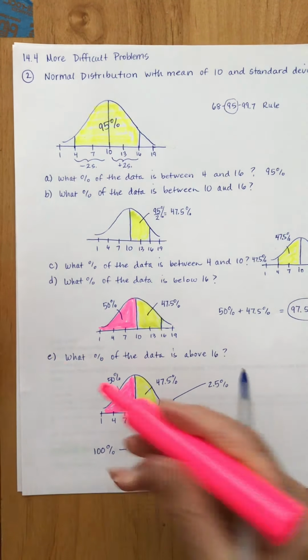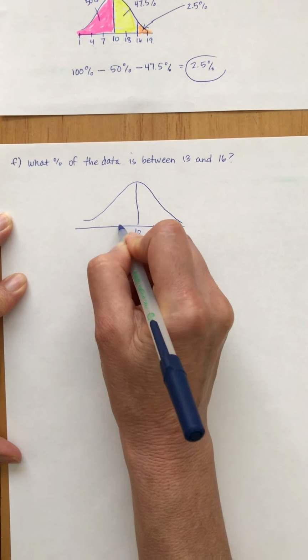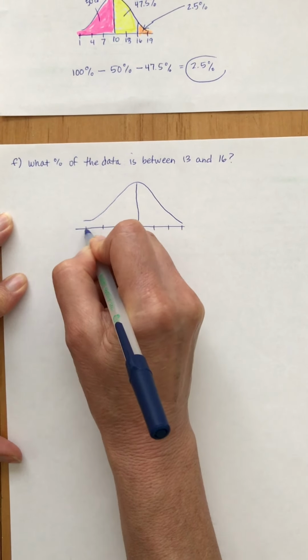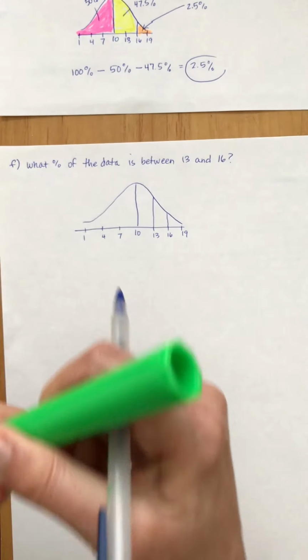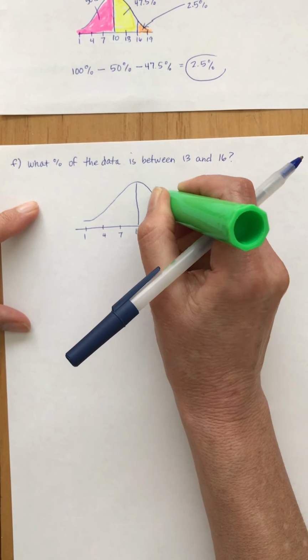So let's shade it. Here's our 10, 7, 4, 1, 13, 16, 19. Between 13 and 16, that's this piece right here. Let's color it green. We haven't colored anything green yet.